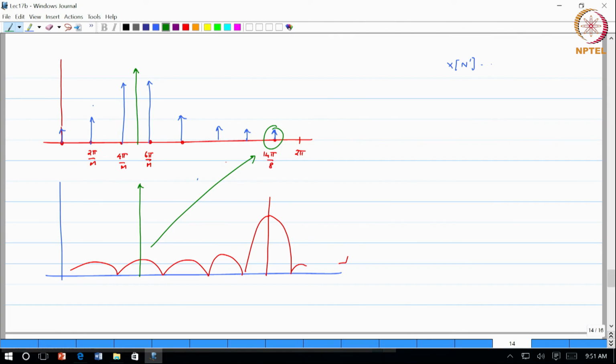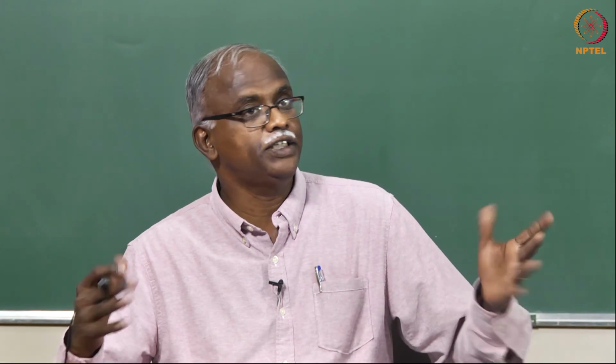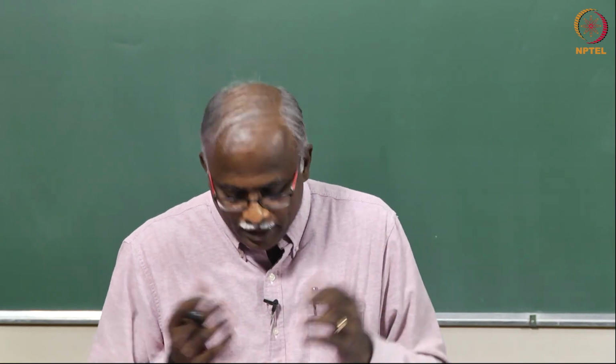Supposing somebody gave you these blue lines and told you to interpret this spectrum, you would say there are two strong components at 4 pi over m and 6 pi over m, and weak components at all others, which is a very erroneous interpretation of the spectrum analysis, but that is all you can do.